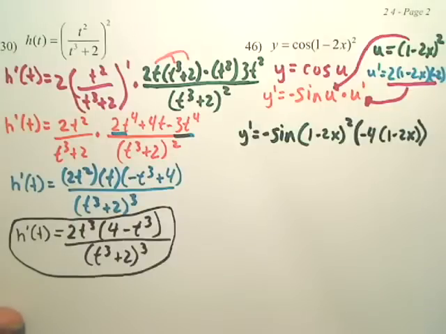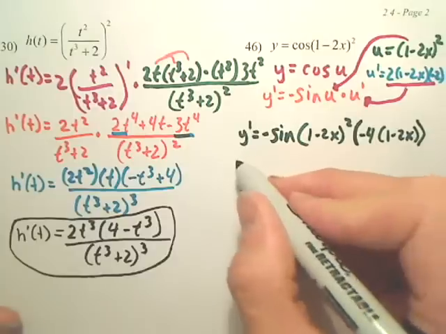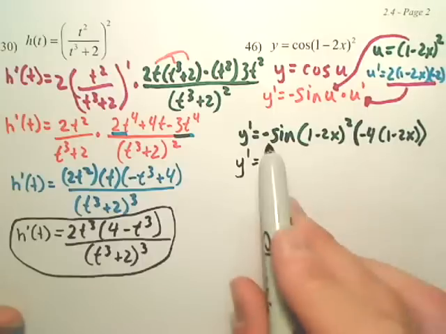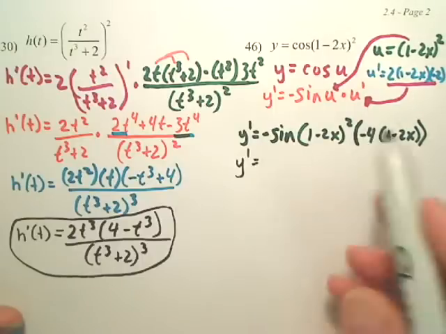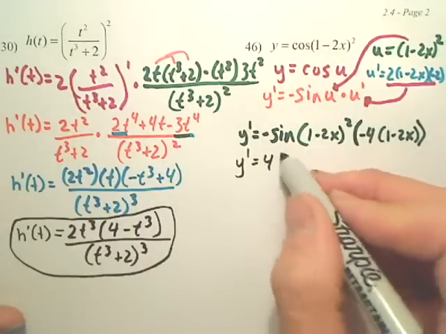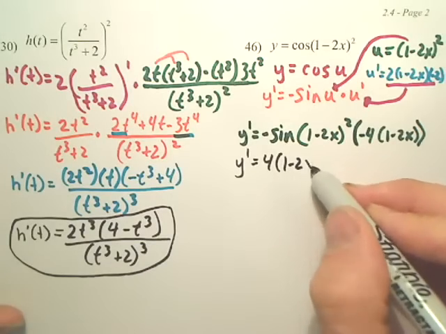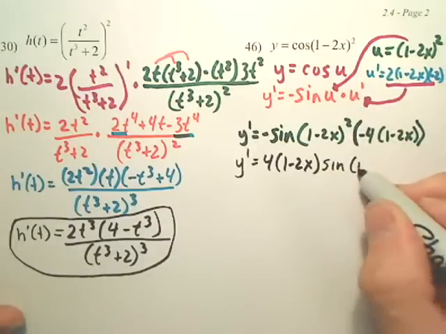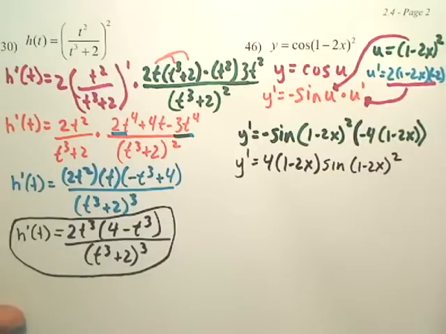Okay. Now, I'm going to take this, bring it out front, and that negative 4 times a negative makes a positive. So leave the 4. I'm going to leave the 1 minus 2x out front, and then the sine of 1 minus 2x squared.